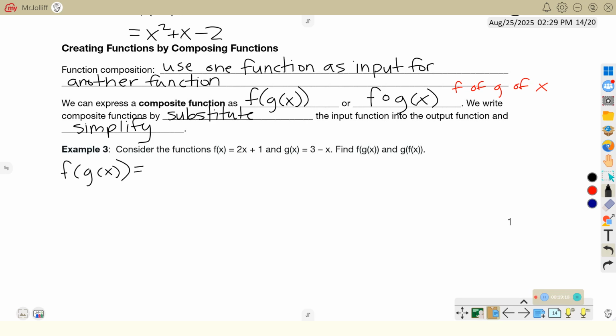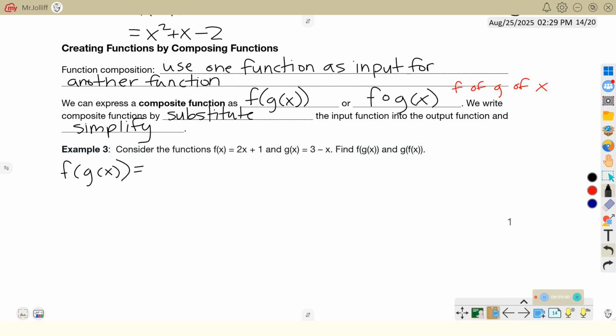And here is how I do it. Remember that the outside function, the very first thing you see when you're reading from left to right, is the overall structure. So I am going to copy f down, and everywhere I see an x in the expression for f, I'm going to put parentheses in place of the x.